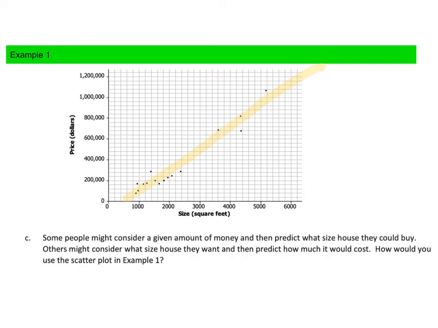And then from there, you can say, okay, well, if I want to spend $300,000 right here, then if I draw this line and it hits my line of best fit, I'm going to get something that's a little bit over 2,000 square feet. And they would predict that because there's probably going to be a spot there on my scatter plot.